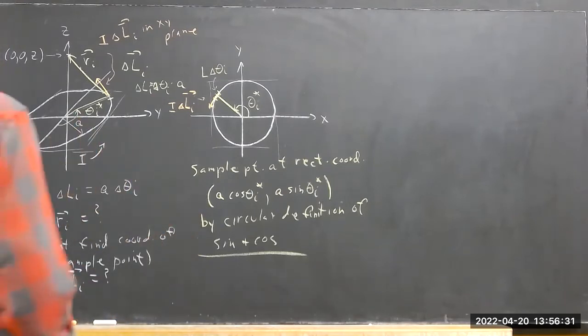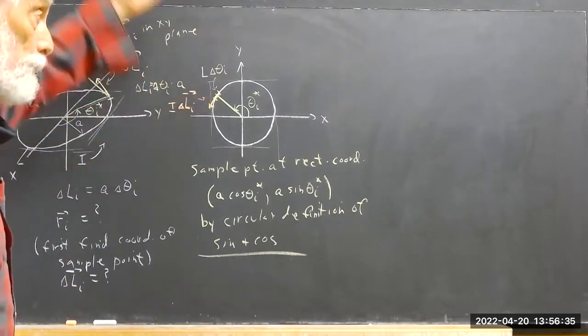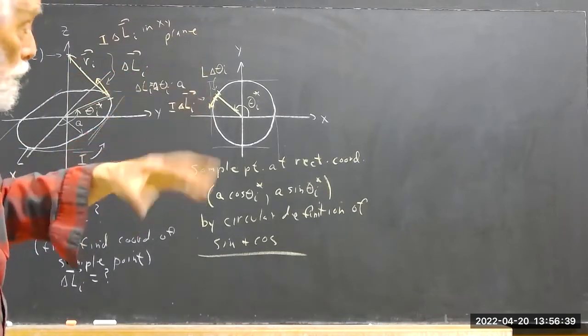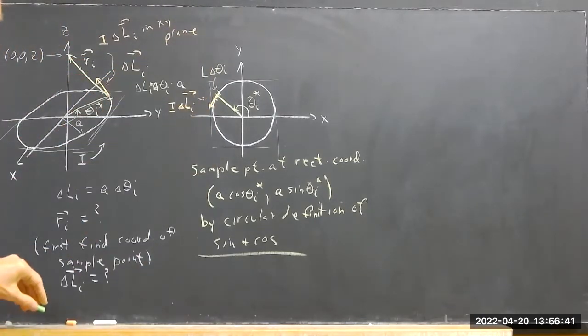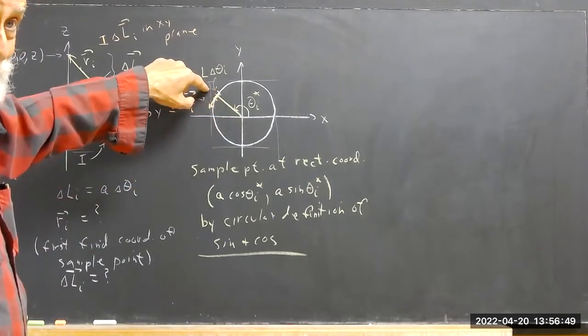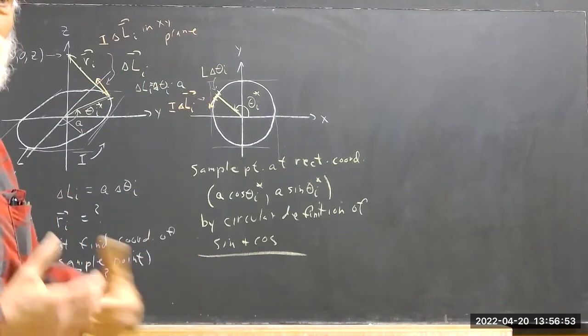Okay, so now what is the direction of this thing? Take a look at the video when it's posted. Okay, I'm going to finish it for you. This is perpendicular to this, which means that the sine and the cosine are going to have to be reversed.